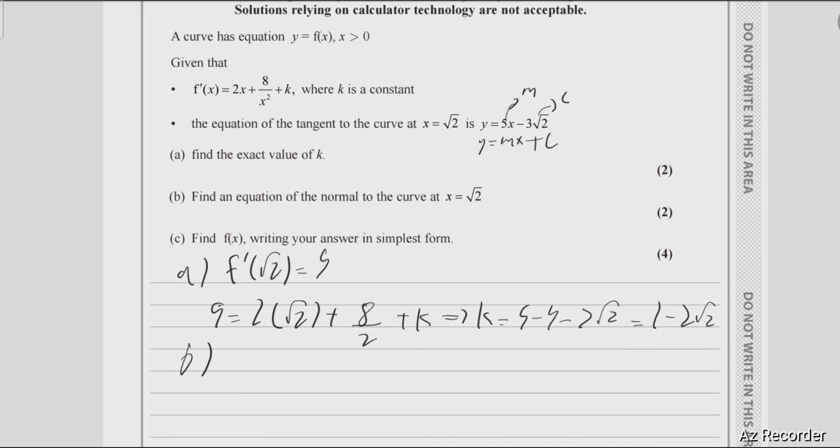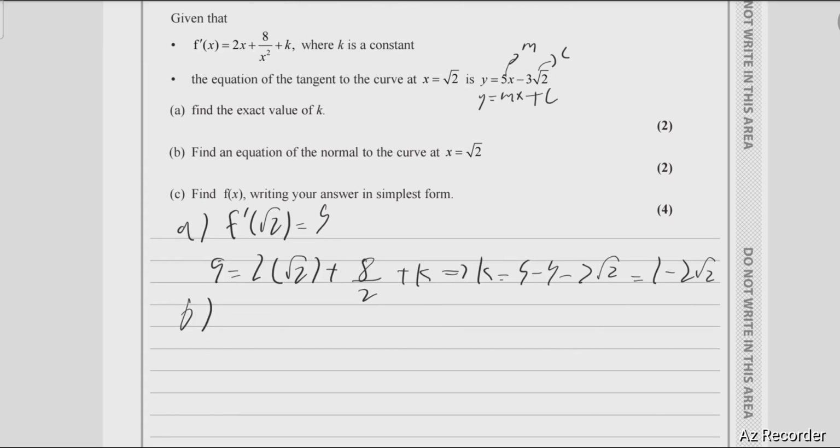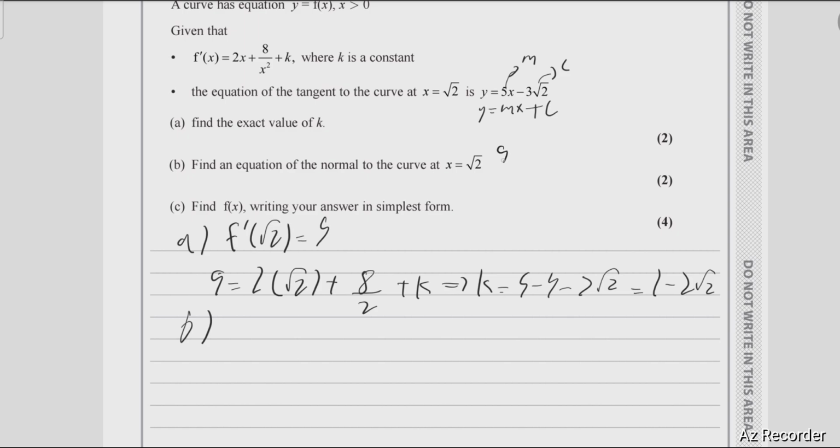Question B. Find an equation for the normal to the curve at x equals root 2. So we know that the gradient of the normal is the negative reciprocal of the gradient of the tangent, so that if you multiply them, they must equal -1.